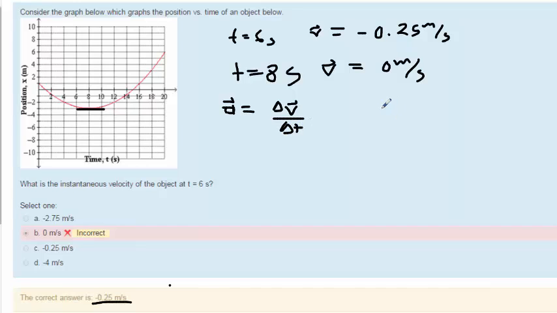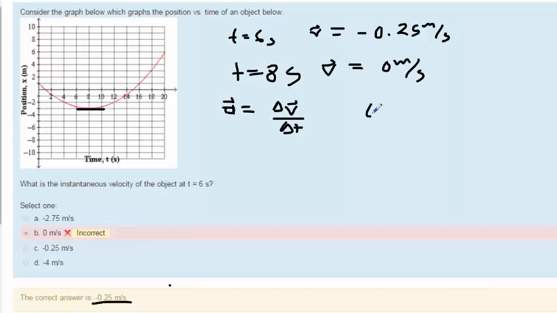So what is the change in velocity here? Where we go from -0.25 to 0. Or you can think about it as final minus initial, so 0 minus -0.25.